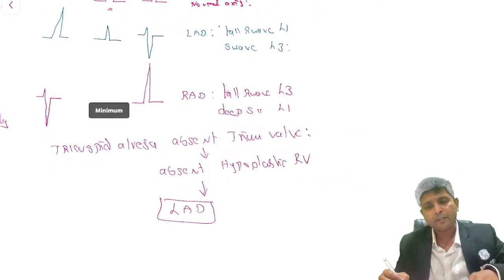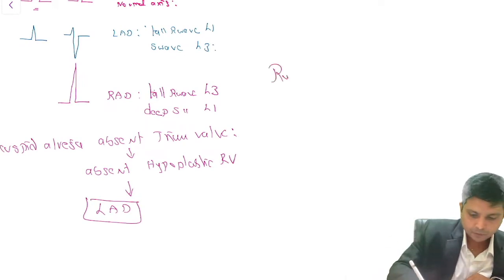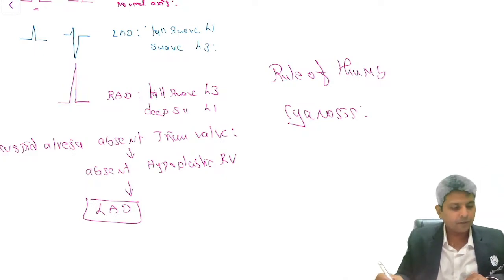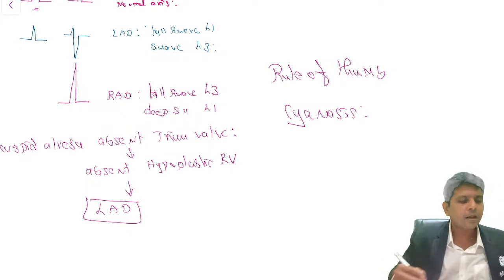Remember, my dear friends, there is a rule of thumb. So what is called a rule of thumb? The rule of thumb is cyanosis. LAD means left ventricular hypertrophy. RAD means right ventricular hypertrophy.